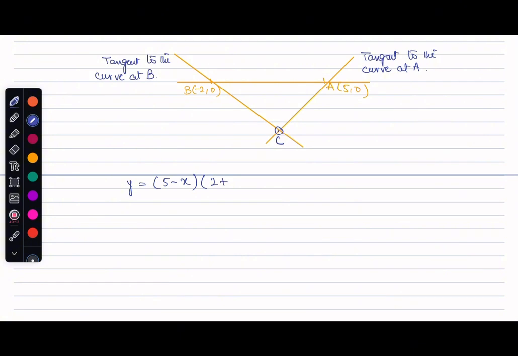So to have the tangent equation, I should be having the gradient. And to get that gradient, I should be differentiating the curve equation. So to differentiate, I should be having the expanded curve equation. If I solve it, this becomes 10 plus 5x minus 2x minus x squared, or I can say this equation is 10 plus 3x minus x squared.